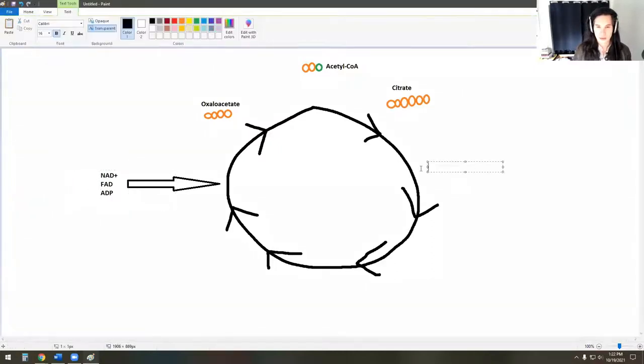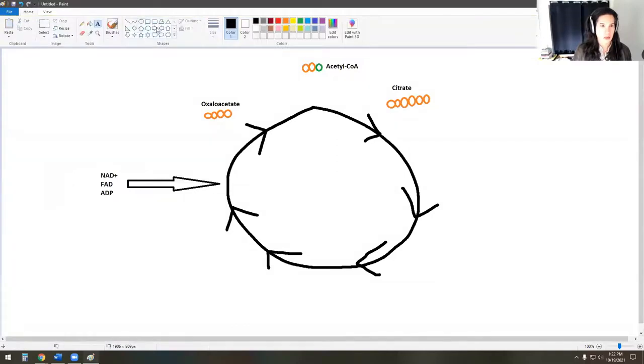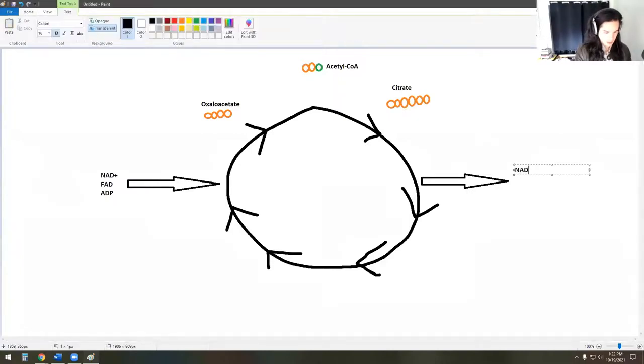If I remember other stuff, I'll add it. And then what are you getting out of citric acid cycle? NADH, FADH2, ATP, CO2. You're creating CO2 during it.